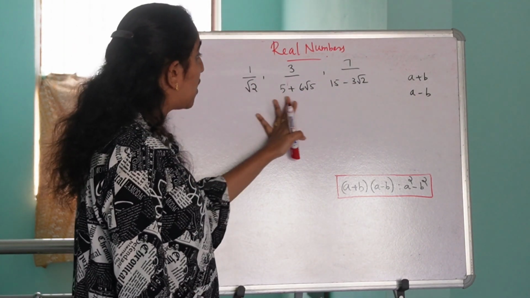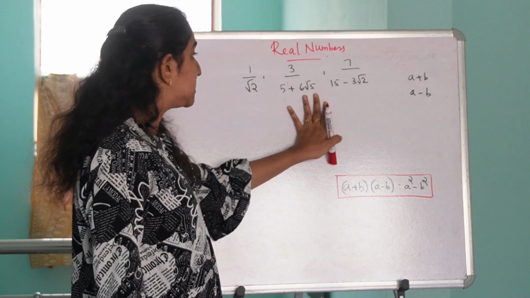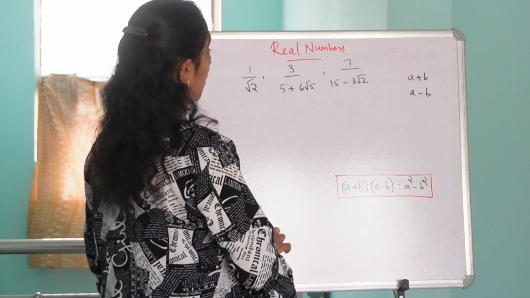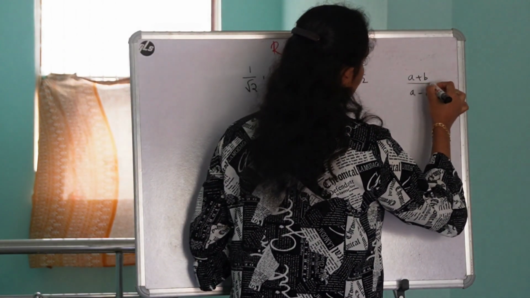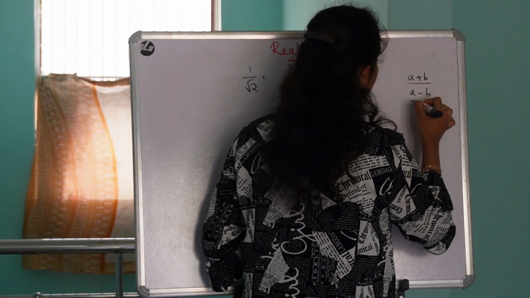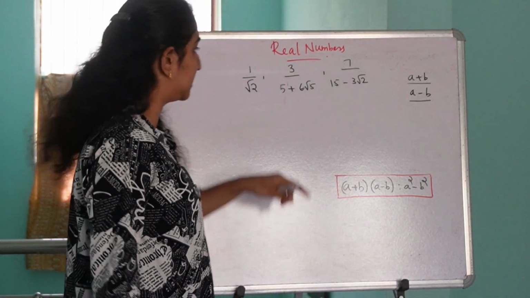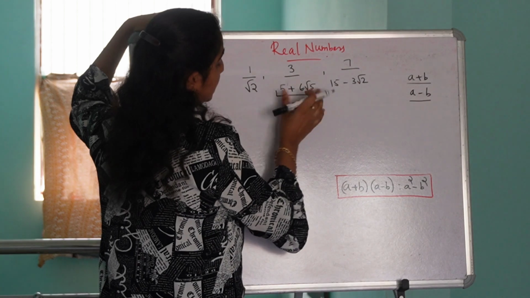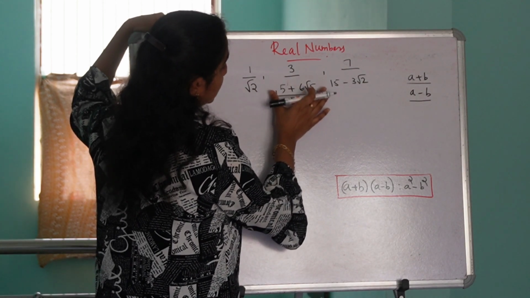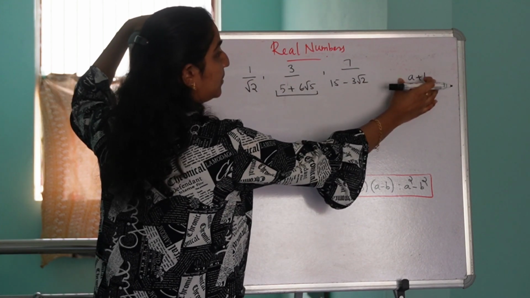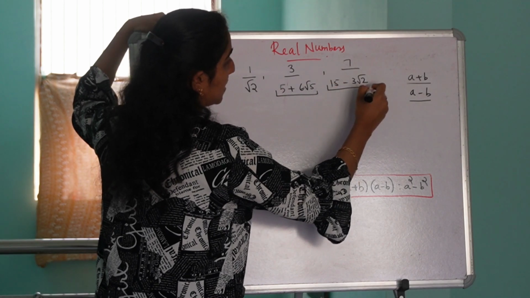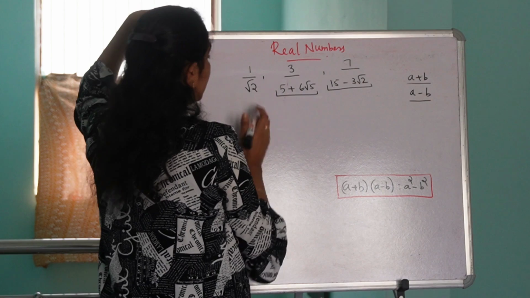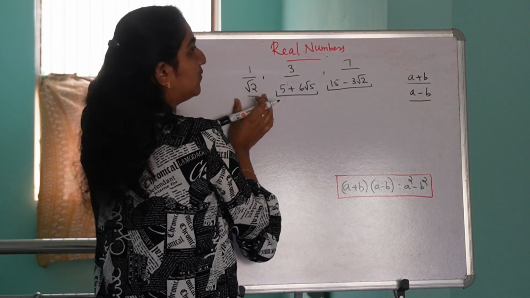Here the denominators of all of these three given real numbers, some are in the form a plus b and some are in the form a minus b, isn't it? Here in this example, the denominator is in the form a plus b, and here in this example the denominator is in the form a minus b. Even though here there is only one term, isn't it?